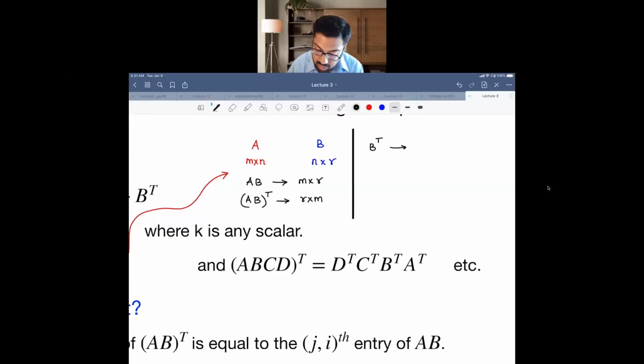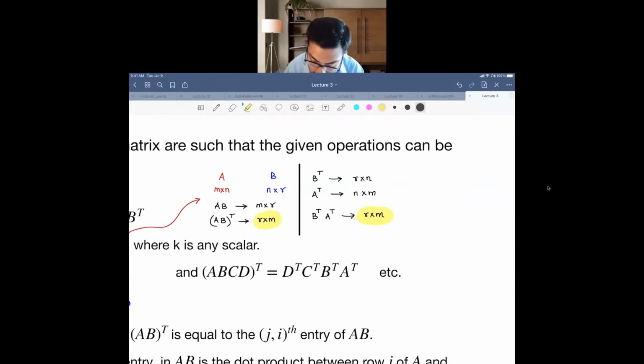The size of B transpose is going to be R by N. A transpose, the size is going to be N by M. So B transpose A transpose, you can carry it out because the inner dimensions are matching up, and the result is going to be R by M. And this matches that. So at least in terms of size, this is what we can call a size verification.